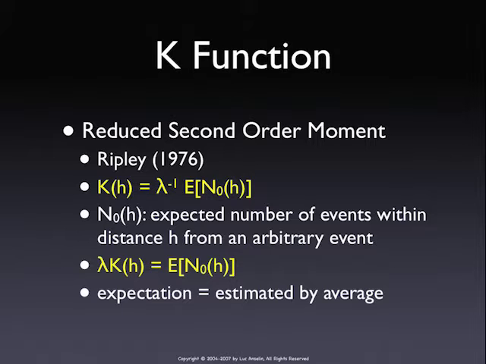Well, anytime you see this, E, which means expected value, expected values are estimated by averages. And everybody knows how to do averages. Okay, you just do things a lot of times and divide by the number of times you do it. This is also the power of simulation.